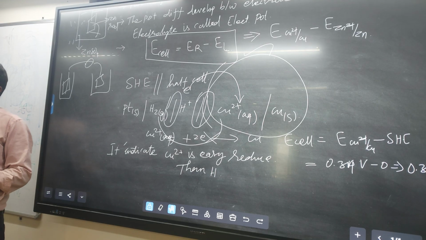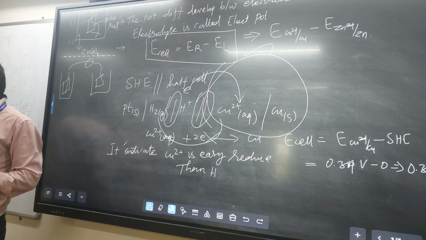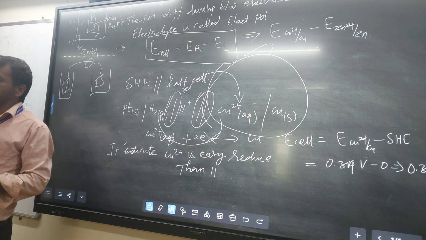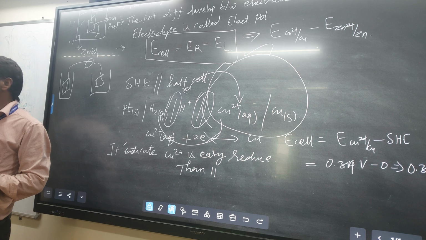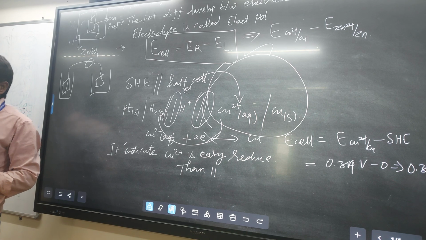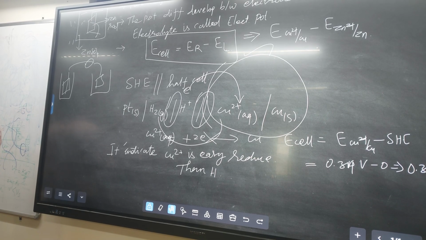Otherwise, why would the hydrogen donate electron to the cathode? No. It gets the electron from the copper. In the case of zinc, instead of the zinc being reduced, it gets the electron from the zinc. That's why we indicate the negative sign, minus 0.76 volt.